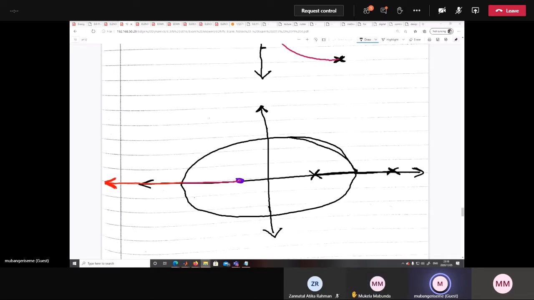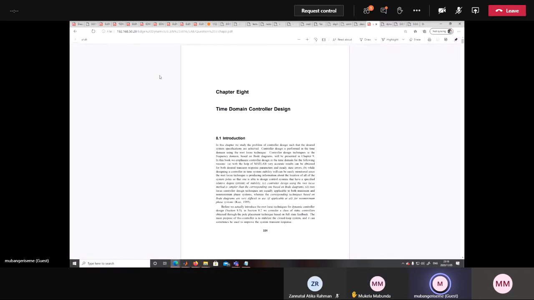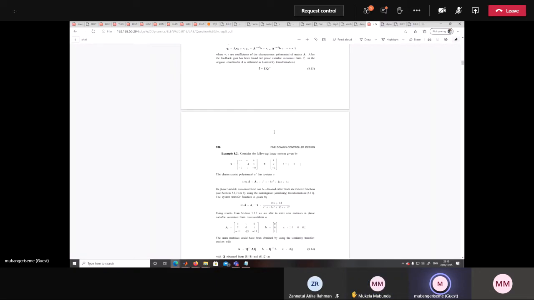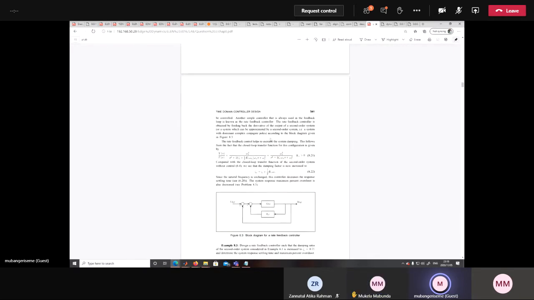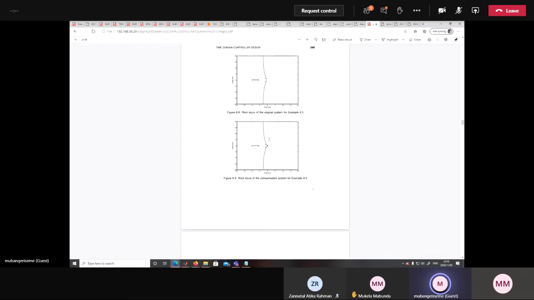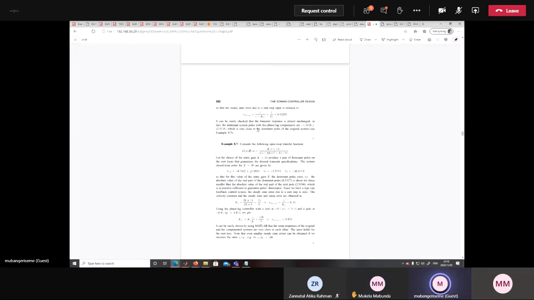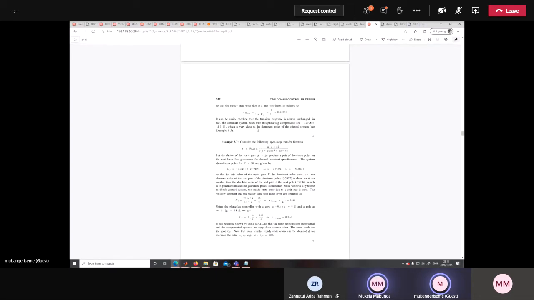I know for sure there's a way to do this. Let me just show you the notes. This one I found is quite easy, about trying to find out whether or not a particular point lies on the locus.